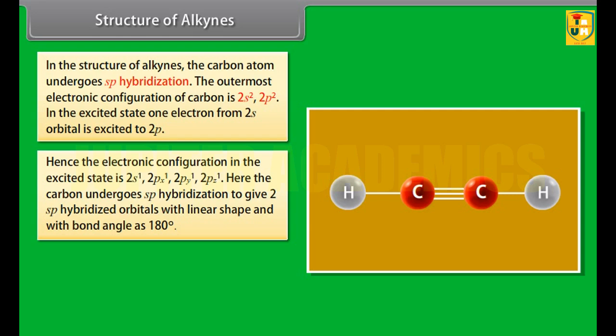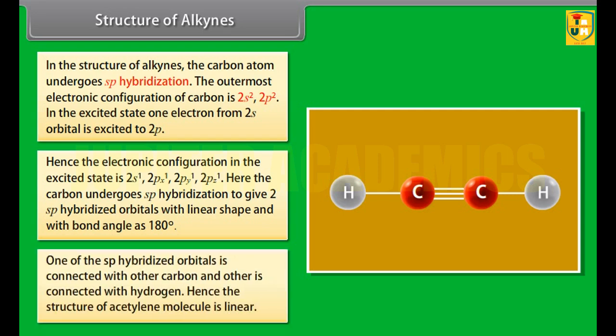Here, the carbon undergoes sp hybridization to give two sp hybridized orbitals with linear shape and a bond angle of 180 degrees. One of the sp hybridized orbitals is connected with the other carbon and the other is connected with hydrogen. Hence, the structure of the acetylene molecule is linear.